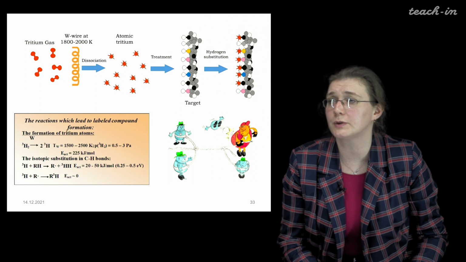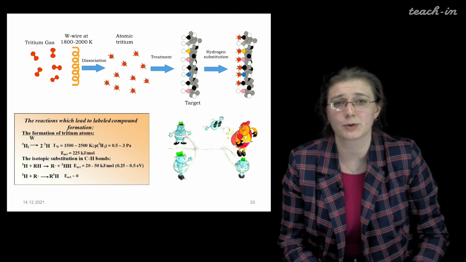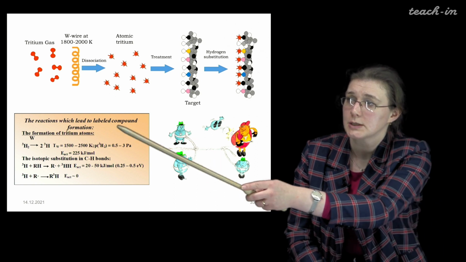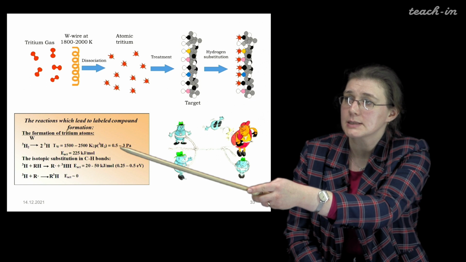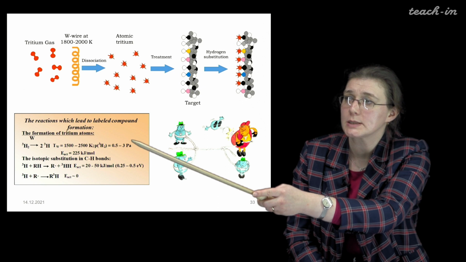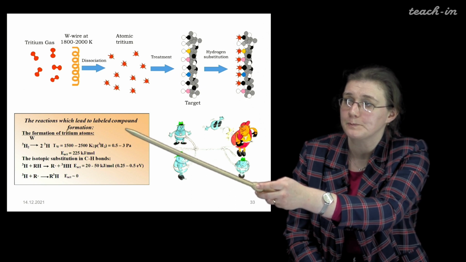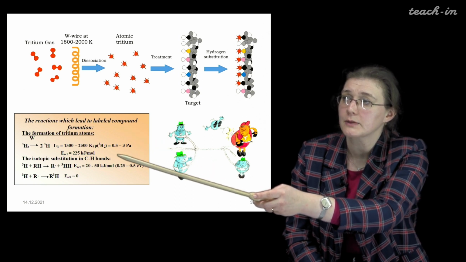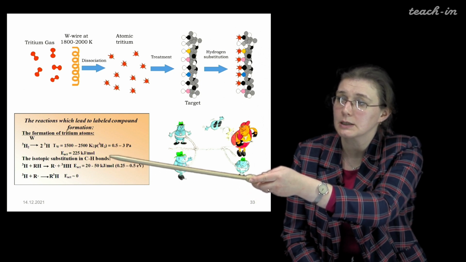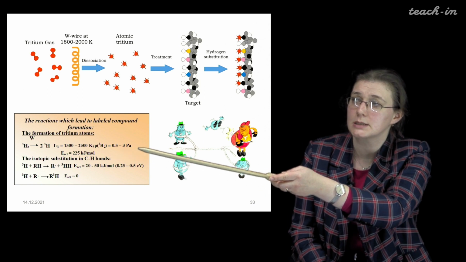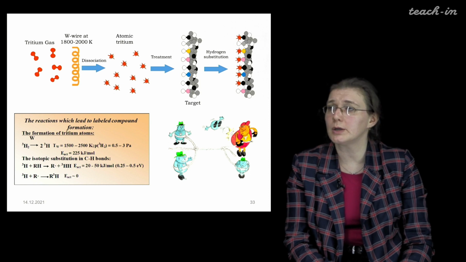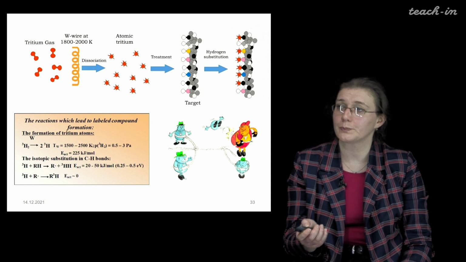The mechanism of the reaction is usually described by a radical mechanism. First a tritium atom substitutes hydrogen in the target molecule with formation of an organic radical, and then the next tritium atom interacts with this radical with zero activation energy, and so we obtain a labeled compound.